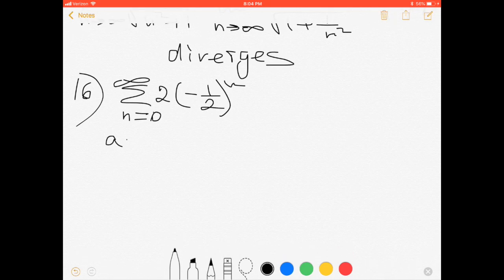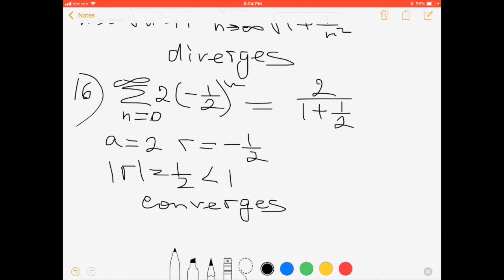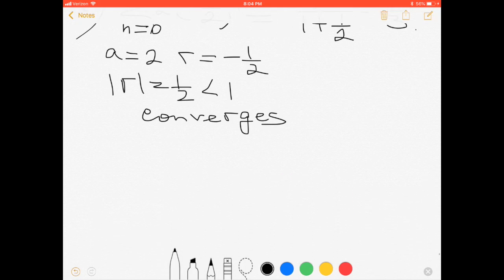Here is a geometric series with first term 2. The ratio is -1/2. Use the formula because the absolute value of r equals 1/2, less than 1. This means it converges. And this means our series sum is the first term divided by 1 minus r, which is 1 plus 1/2. It will be 4/3.